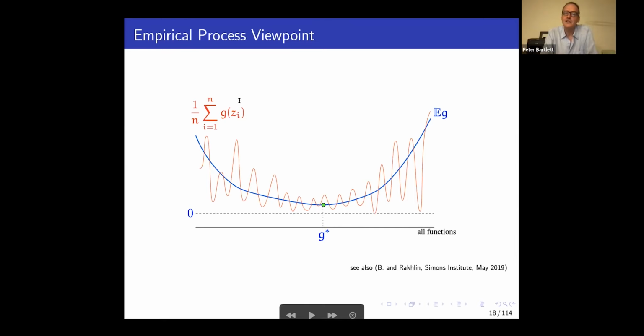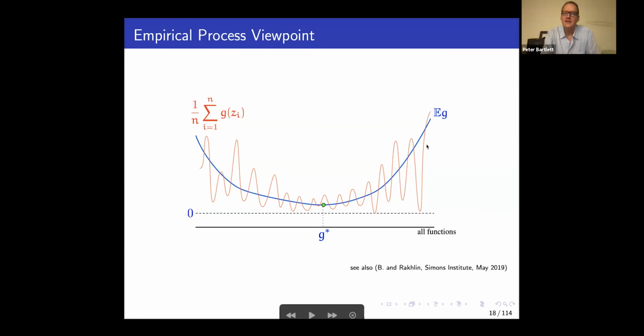All we have access to is a sample. So we get these Z1 through Zn. In our case, they're XY pairs, and we can evaluate the loss on those XY pairs, and we can look at the average loss as we vary across the different functions.